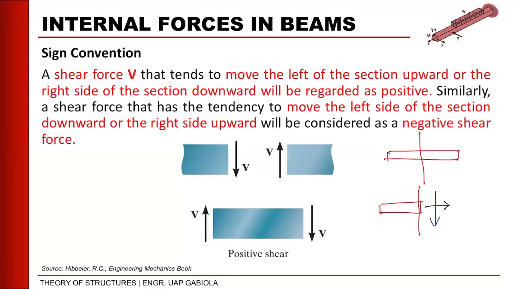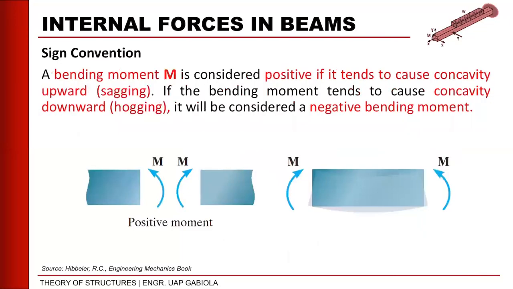Then, for moment, ang kailangan naman natin is dapat yung tendency niya is mag-cause ng concavity upward kapag positive siya, sagging, and then negative naman siya kapag hogging naman siya. So, ano ibig sabihin nun? Kung halimbawa ito, apply tayo ng moment, ang sagging itsura is pag ganyan, nagsasag siya. Okay? And then yung hogging naman, ay nagkakaroon tayo ng ganito.